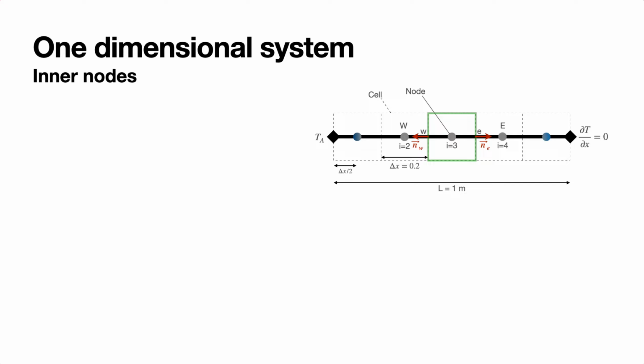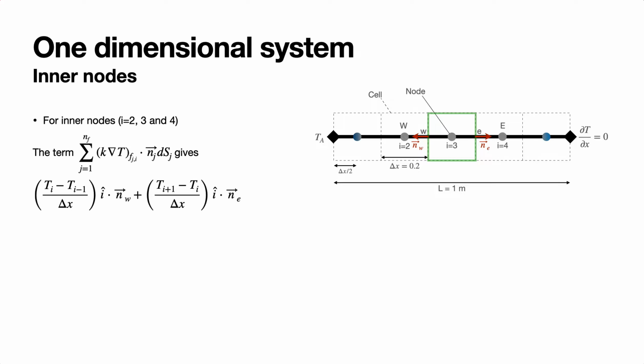For example, if we consider an inner node, the term which is the gradient at a given face can be computed for both the east and west face. We already know how to write the derivatives for the temperature at each face, and the next thing that we need to know is the unit vectors E and W, because the surface in this case is unity.